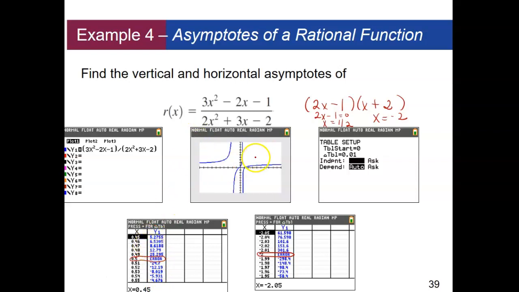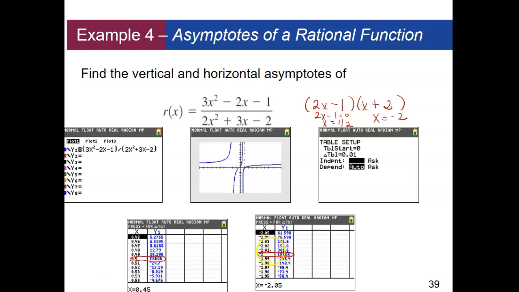So here on this one where we're looking at the 0.5, as we come in from the upper side of 0.5, which would be these values here, you can see that it's going toward negative infinity, which is what our graph is doing. If we go in toward 0.5 from the left side and go up this way, then you can see it's going toward positive infinity. And if you look at the table, it's getting larger and larger here too. So that's what you're going to see on this table.